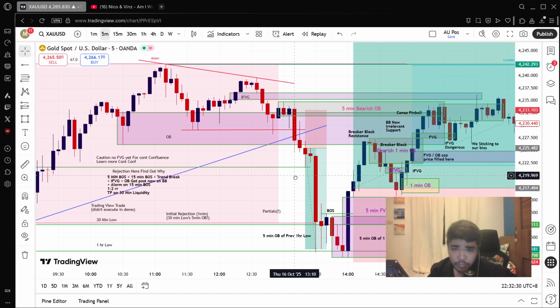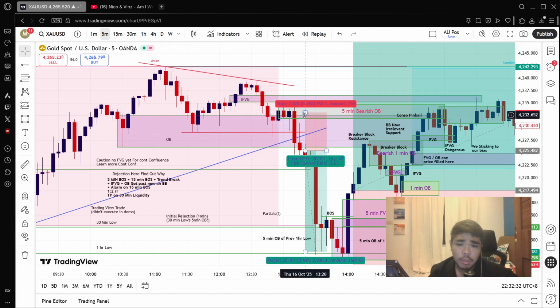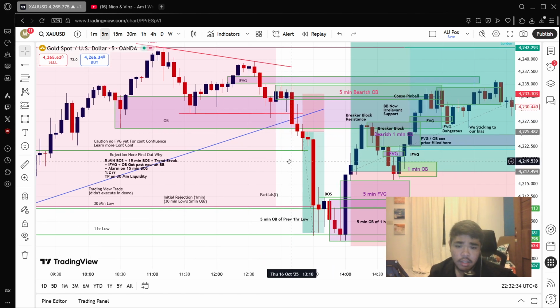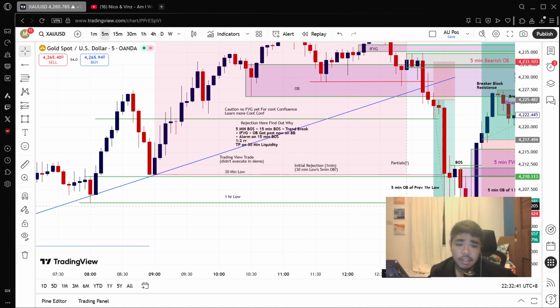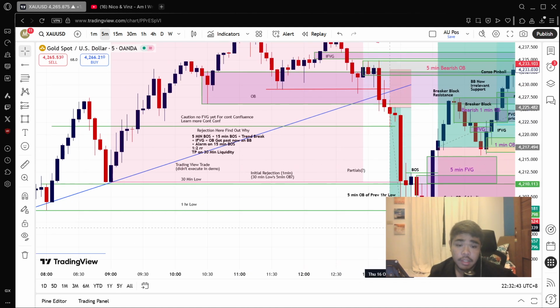So I put my stop loss above this breaker block, and then I put up my target first on this 30-minute low, but I did extend it before even the price went here.